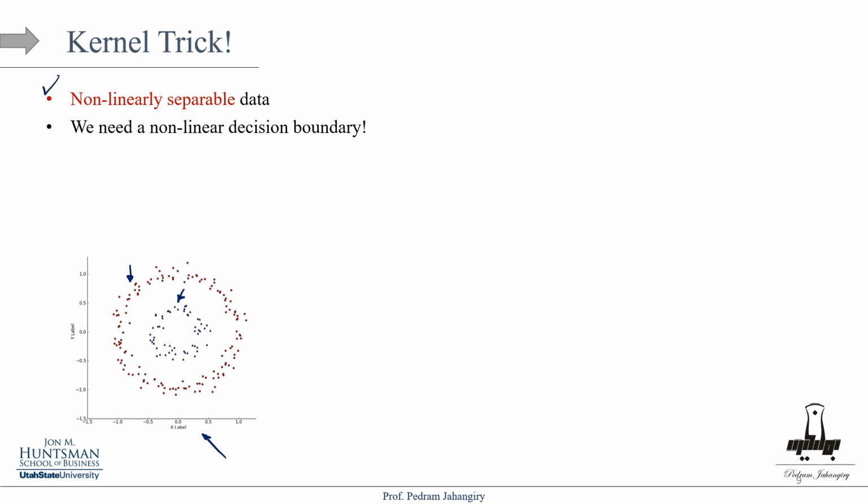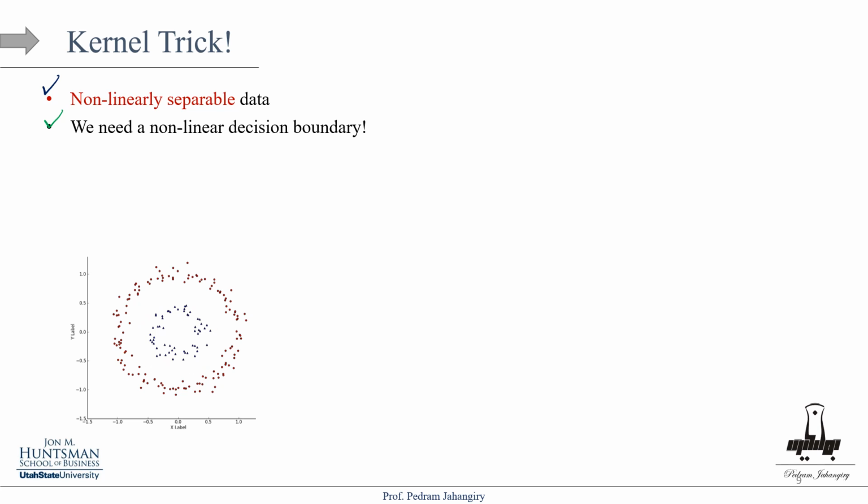It means that if I use a linear classifier, anything I use, it's not going to be able to separate the blue dots from the red ones. So we need a non-linear decision boundary to do the job for us. We know that this is the answer, but how do we get that?